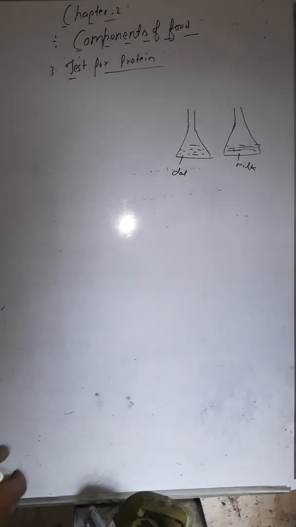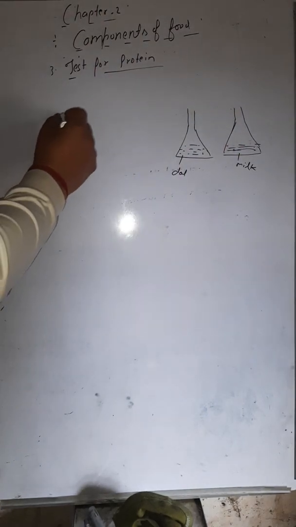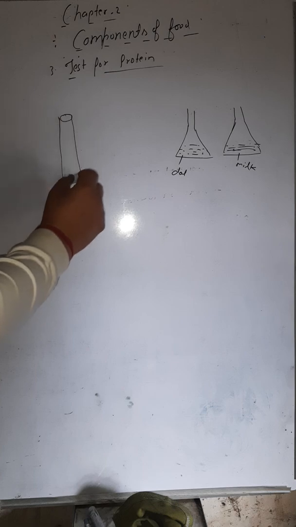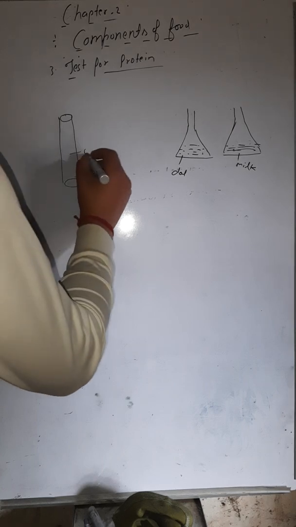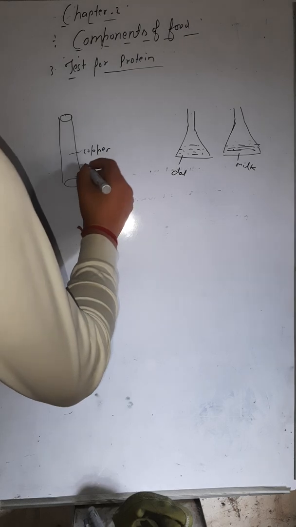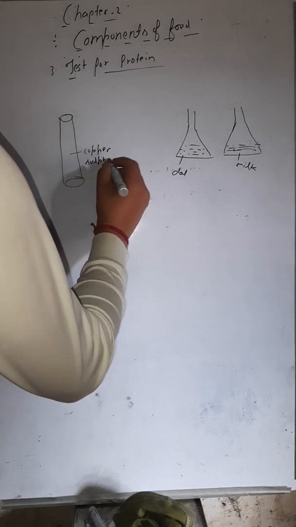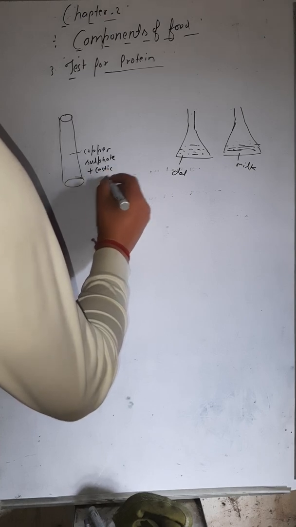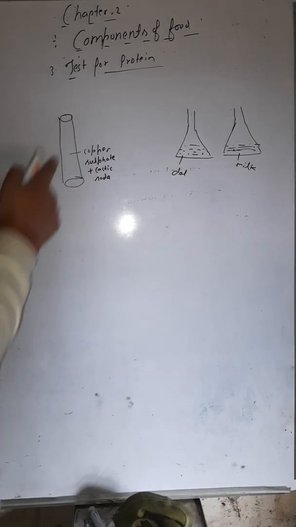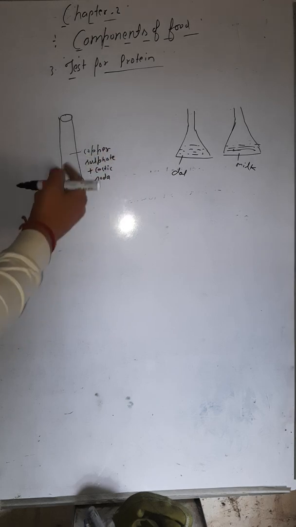Now I take a test tube, and in this test tube I have mixed sodium hydroxide and copper sulfate, that is, copper sulfate and caustic soda.